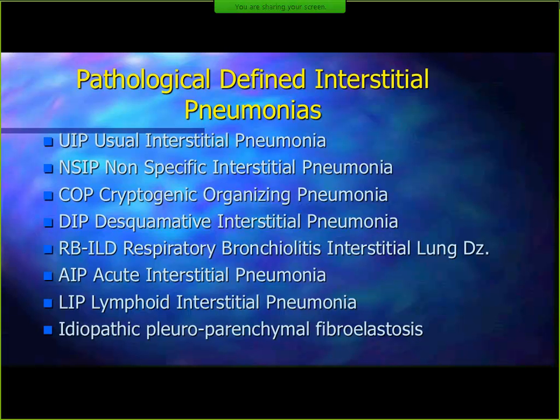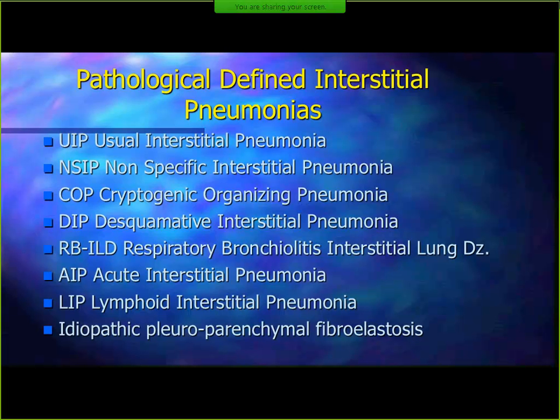You see the hemosiderin-laden macrophages. Then this one looks like ARDS. And lymphoid interstitial pneumonia is rare. You can see it with HIV, or idiopathic. And then this is a new one that is very rare.